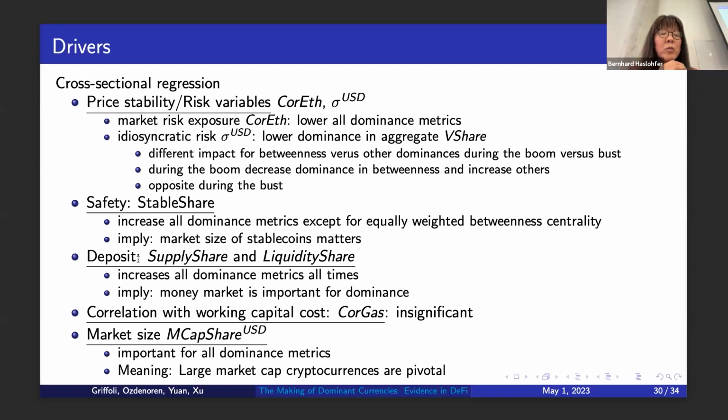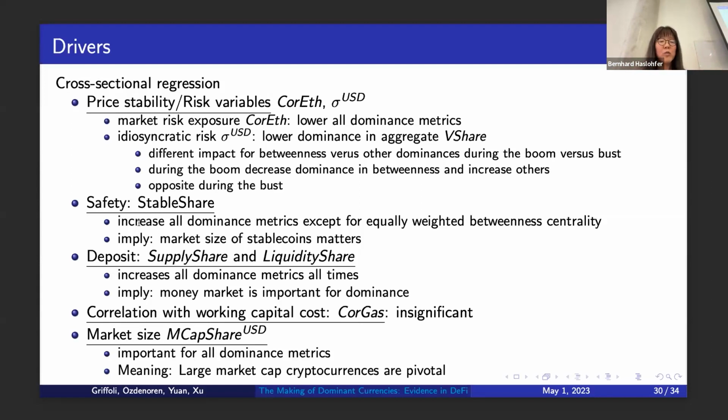We also use the correlation with working capital. You think about the transaction fee, the gas fee, as the working capital on the market size. So we do find the conclusion is market risk is important, lowering the dominance, and safety is also very important, but only the largest stable coin matters.